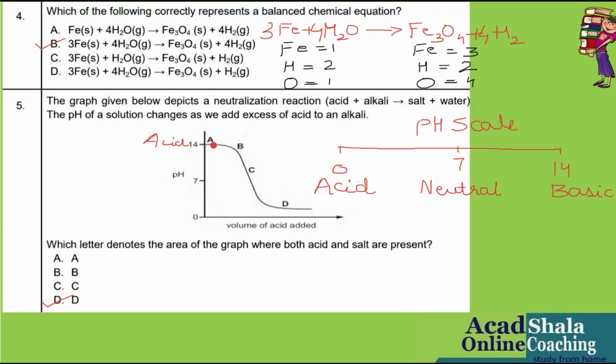That means it will reach towards neutral. That means it will come towards this point C. A and B both were alkali in the beginning because they were 14 or closer to 14 pH value. On adding acid, their graph is going down and reaching towards neutral point, which is C with the pH 7. It is shown in the graph, only we are studying.